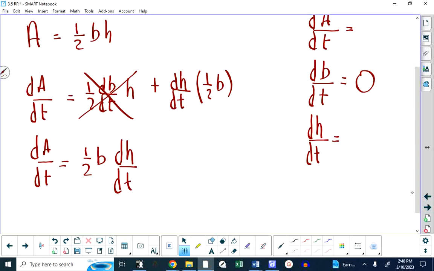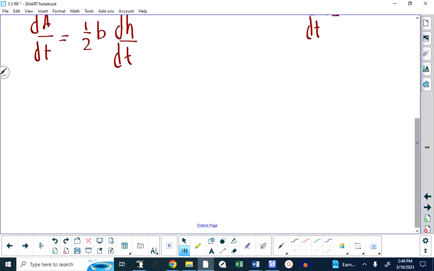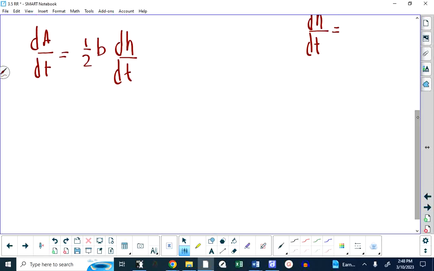You with me on that? You did not need to do this to determine that. Because if the base is constant, the relation that you start off with is area equals 1/2 the base times the height.